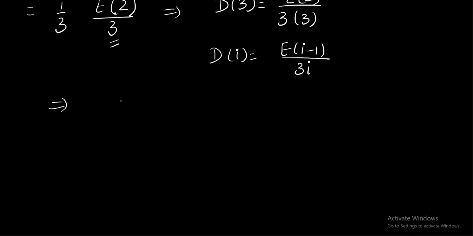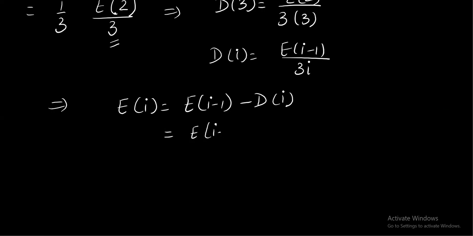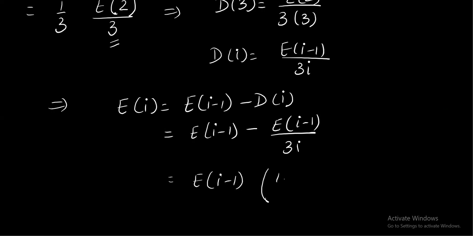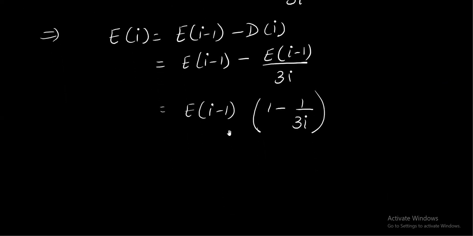So Ei, which we wrote as E(i minus 1) minus Di, can now be written as E(i minus 1) minus E(i minus 1) divided by 3i. In fact, you can take E(i minus 1) common, and you will be left with 1 minus 1 by 3i.